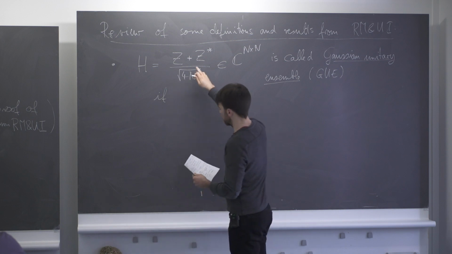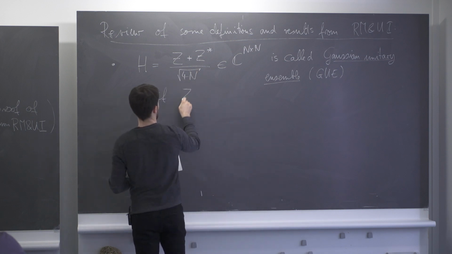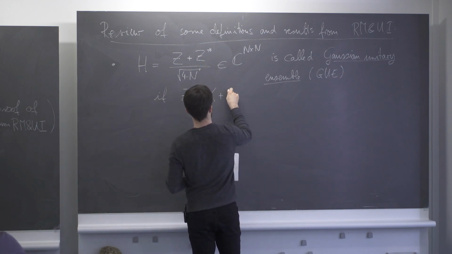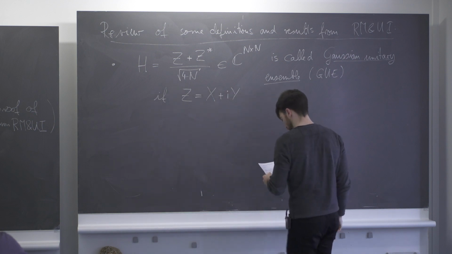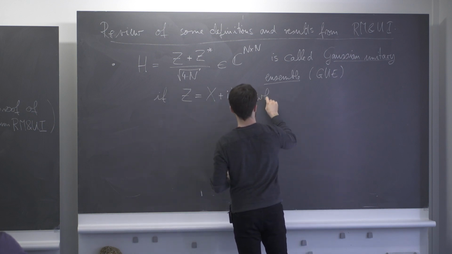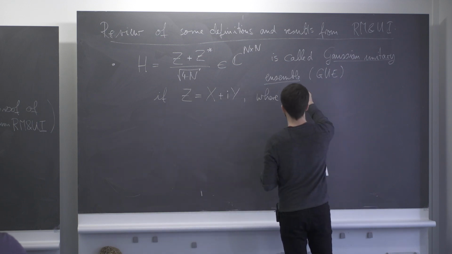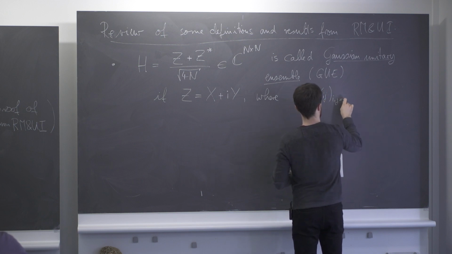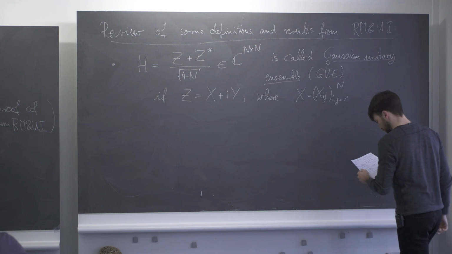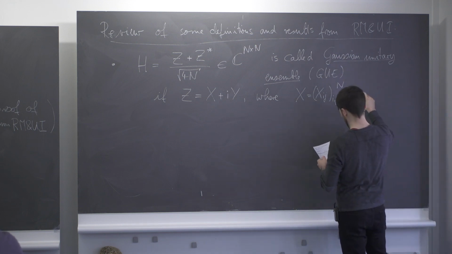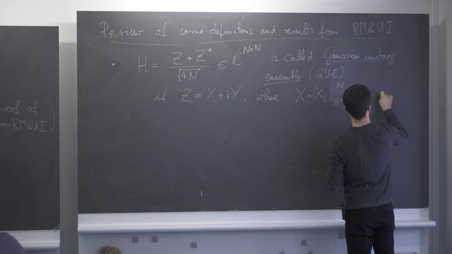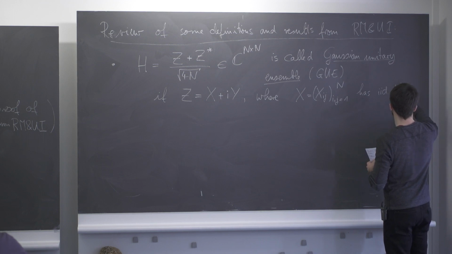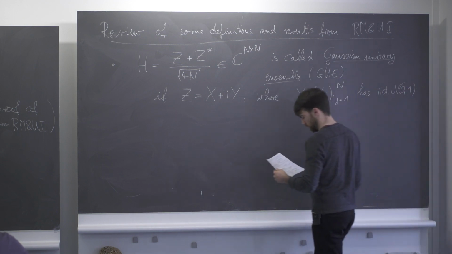And the important thing is that the Z has a specific structure. Namely, we can write Z, which is also an n times n matrix, as X plus iY, where these matrices have a special structure. X, with matrix entries X_ij for i, j from 1 to n, has IID, so independent, identically distributed, normal (0,1) entries.